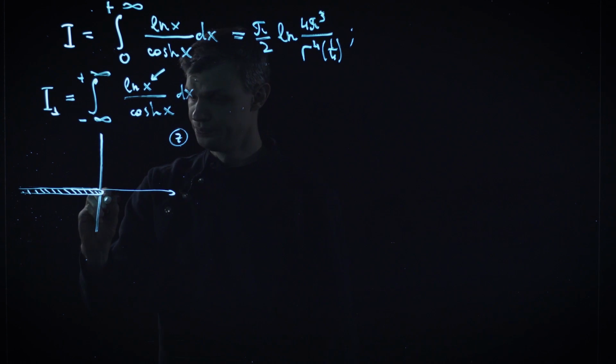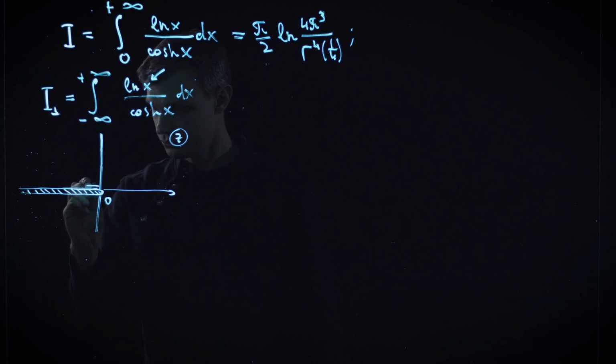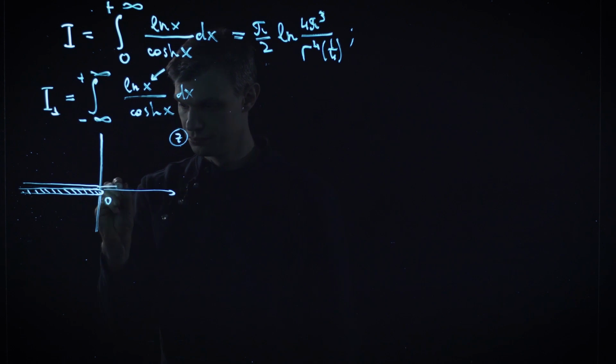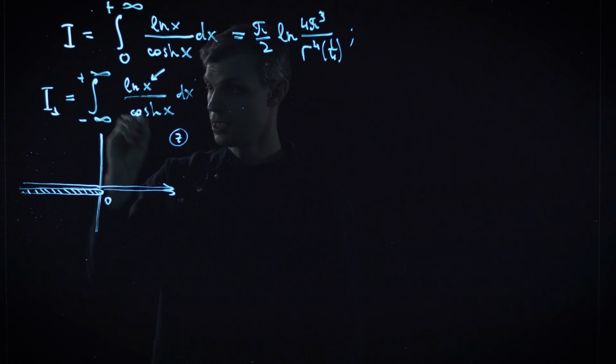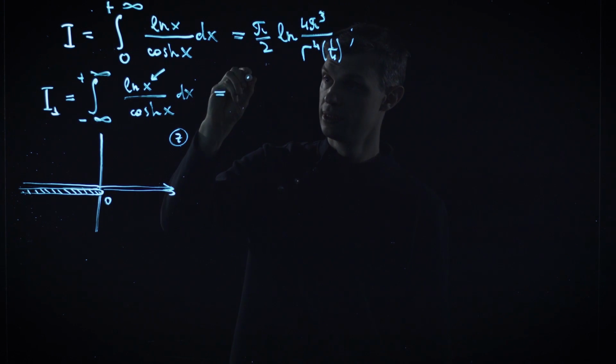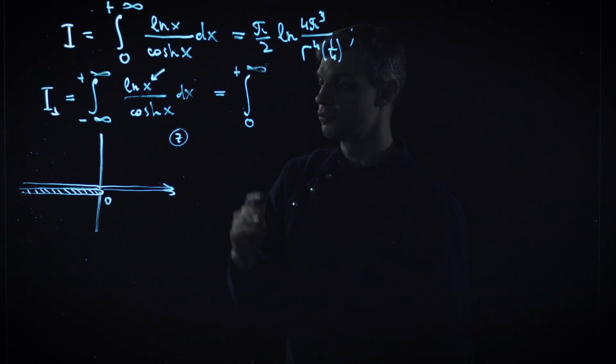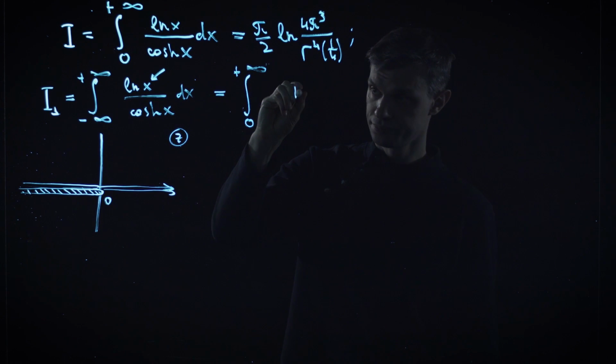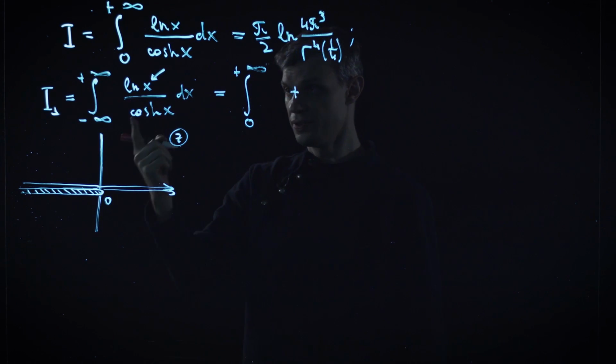So here is the branch cut, and here is our integration contour for this integral. And of course, it can be split into the integral from 0 to plus infinity and the integral from minus infinity to 0.